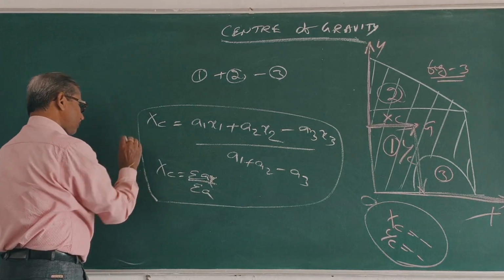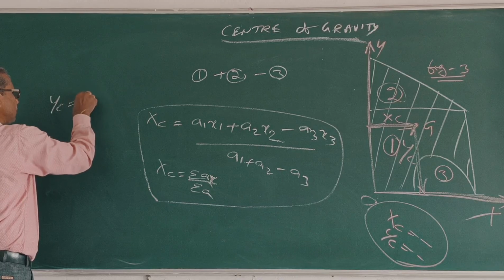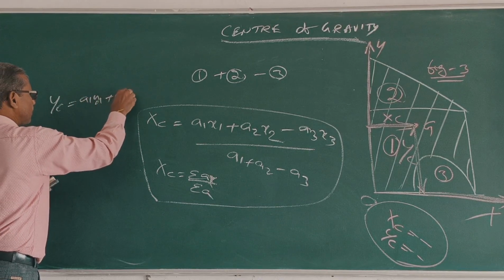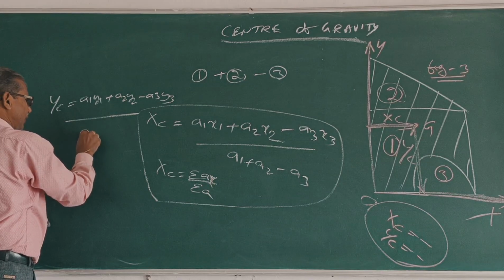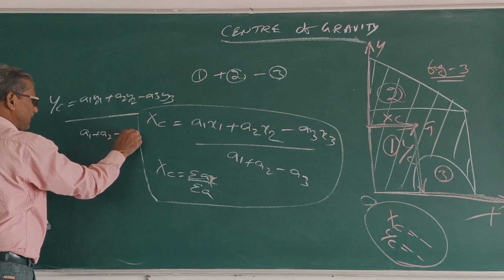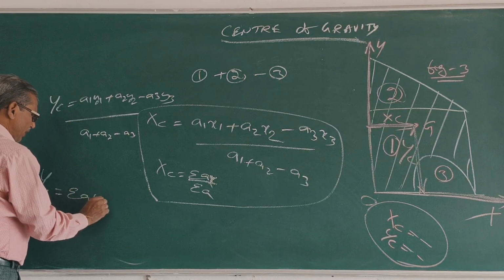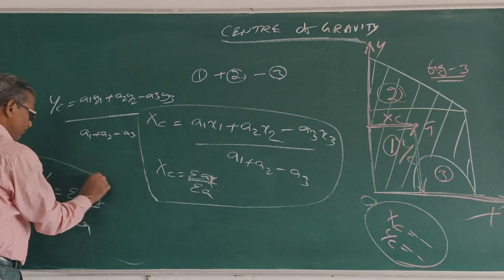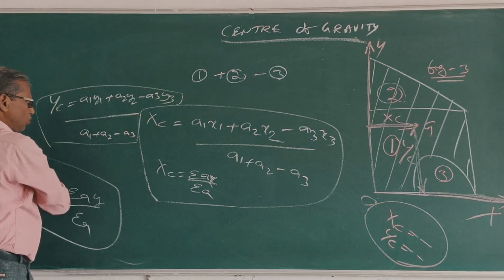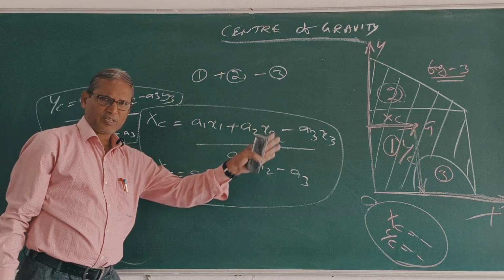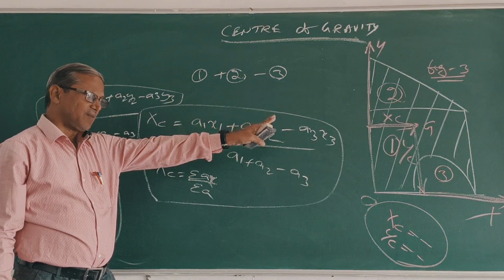Clear? Similarly, yc is equal to a1 y1 plus a2 y2 minus a3 y3 divided by a1 plus a2 minus a3. This is yc equal to sigma ay by sigma a. Clear? These two formulas can be applied to find x and y of the whole figure or the given shaded area. This is the shaded area.